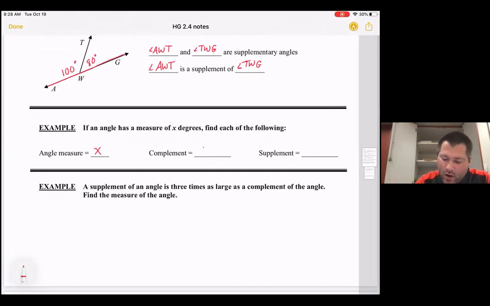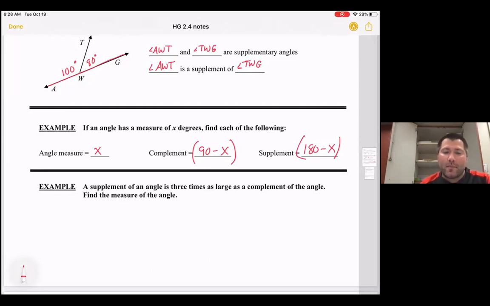So the complement will always be 90 minus X. And a supplement will be 180 minus X. So if you took 90 minus X plus X, you would get 90. If you took 180 minus X plus X, you would get 180.